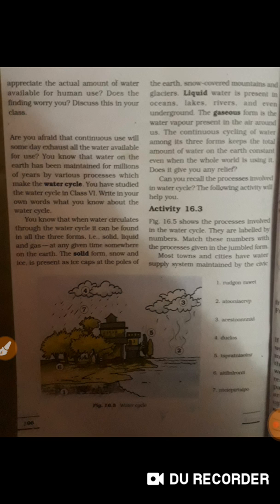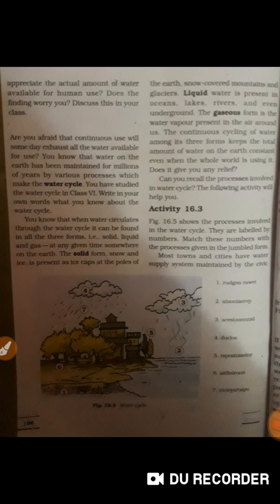If we dig a hole in the ground near a water body, we may find that the soil is moist. The moisture in the soil indicates the presence of water underground. If you're digging the ground and finding the soil moist, one should understand that there is water, what we call underground water.